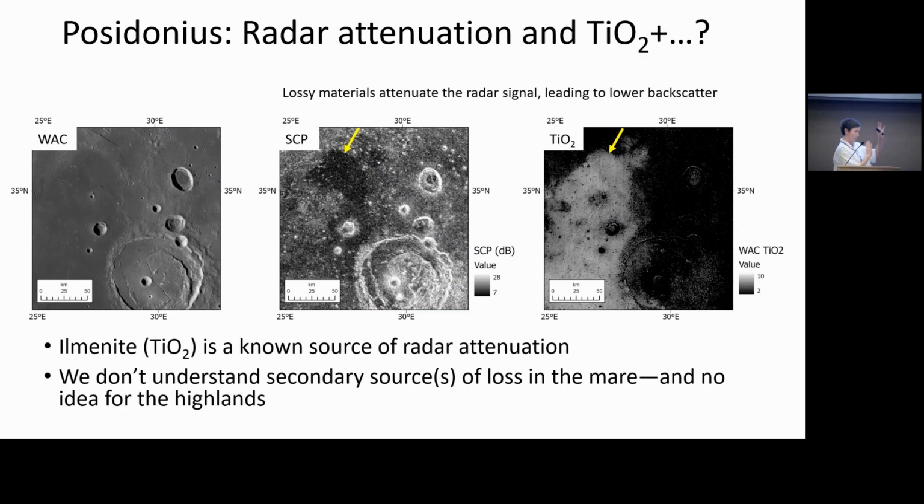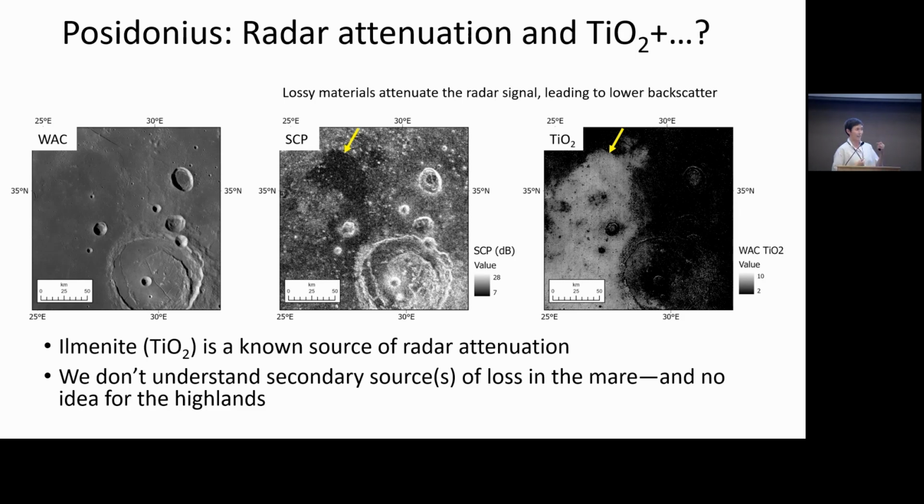I'm going to have to skip the nuance of this slide because I'm basically out of time, but I'll just say that we do know that the presence of the mineral ilmenite attenuates the radar signal much more efficiently. But just from looking at the mare, where we have a pretty good knowledge of where there are several weight percent variations of titanium, that's not the only thing that controls the attenuation of the radar wave.